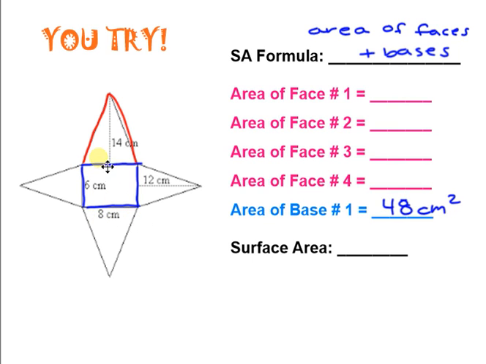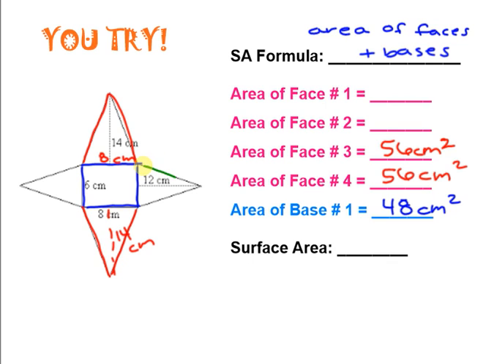So if this is 8, then this also must be 8. So base times height times 0.5. So 8 times 14 times 0.5. That's going to be 56 centimeters squared. Now this guy is going to be an exact copy of this side right here. So I can put down 56 centimeters squared twice.